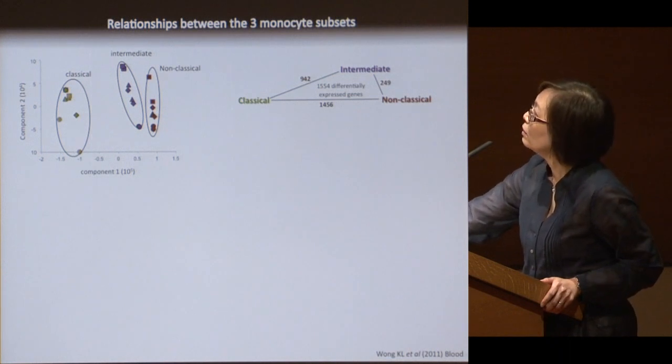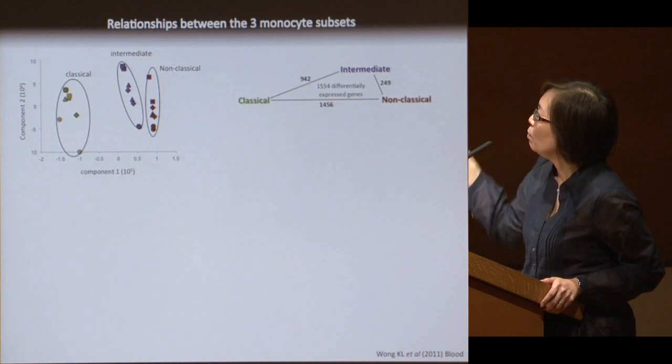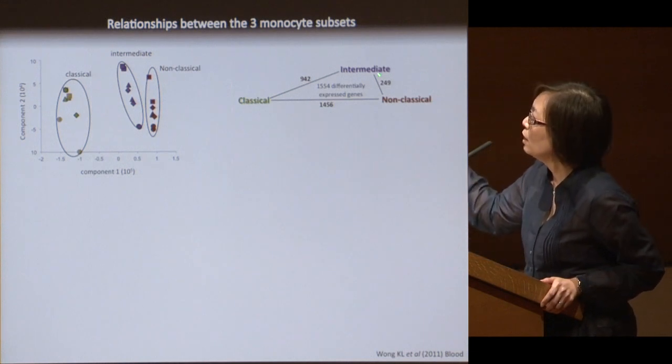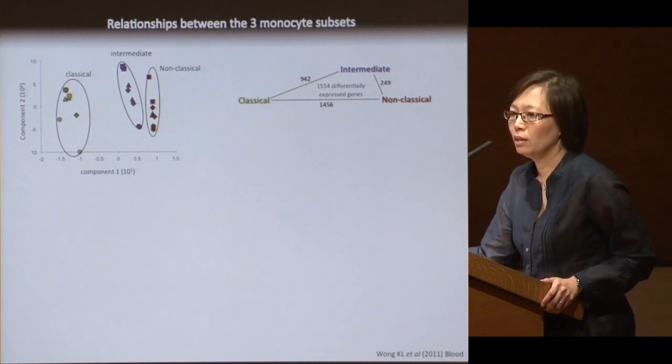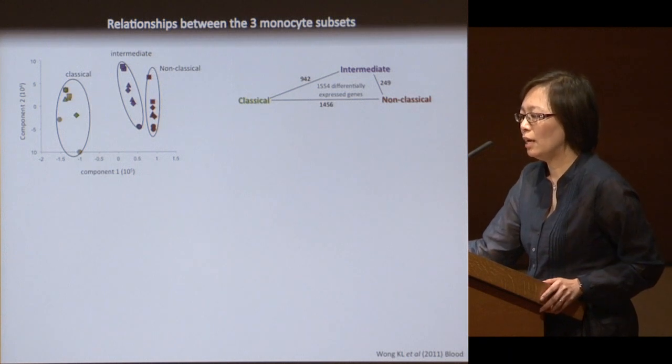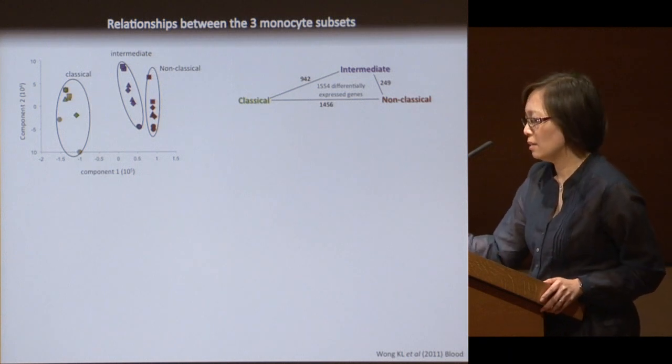Looking at the number of differentially expressed genes, we also see that between the intermediate and the non-classical there is in fact the lowest number, again showing that they are more closely related to each other than to the classical monocytes.